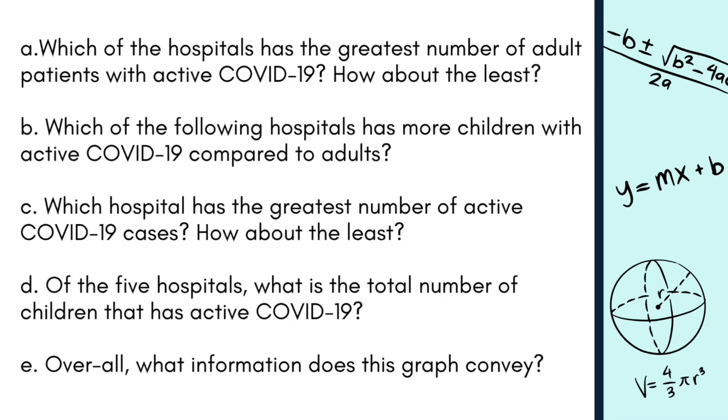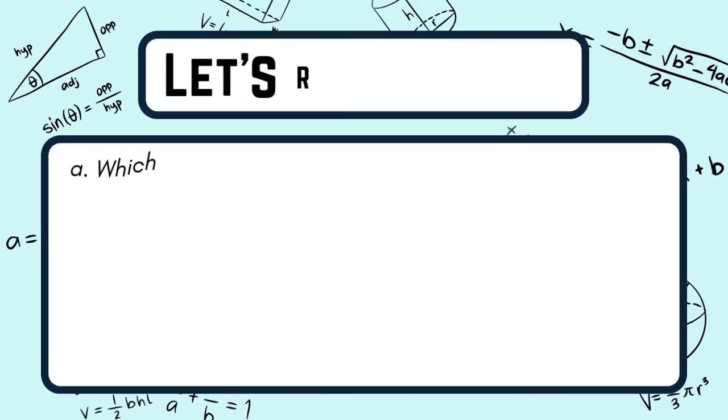C, which hospital has the greatest number of active COVID-19 cases? And how about the least? Of the 5 hospitals, what is the total number of children that has active COVID-19? Doon sa 5 ospital, gaano karami yung total number of children na may COVID-19? And overall, what information this graph convey?